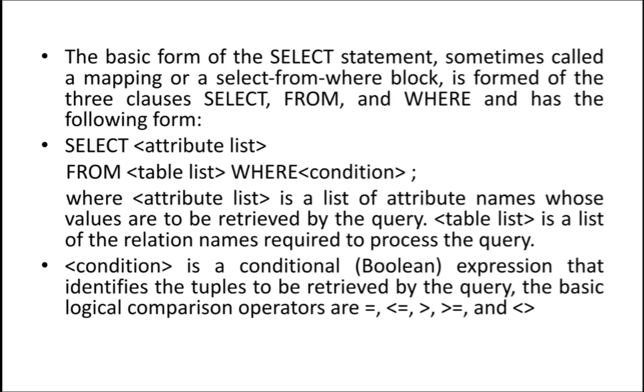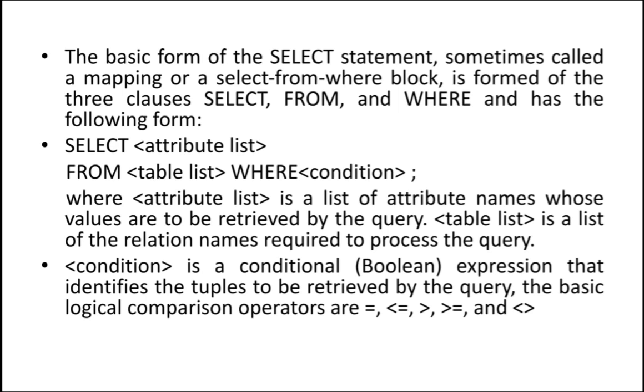So in a detailed way, I can tell that the select statement contains three clauses. First is a select clause, a from clause, and a where clause, right? So if you take the detailed select statement, it will have three parts: select clause, from clause, where clause.